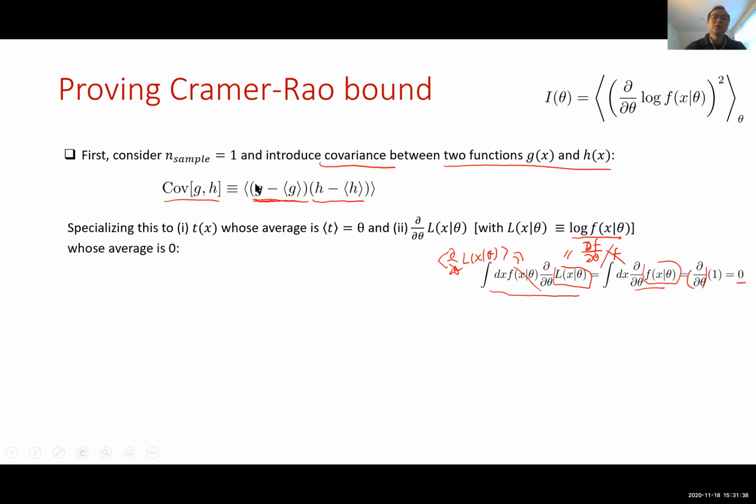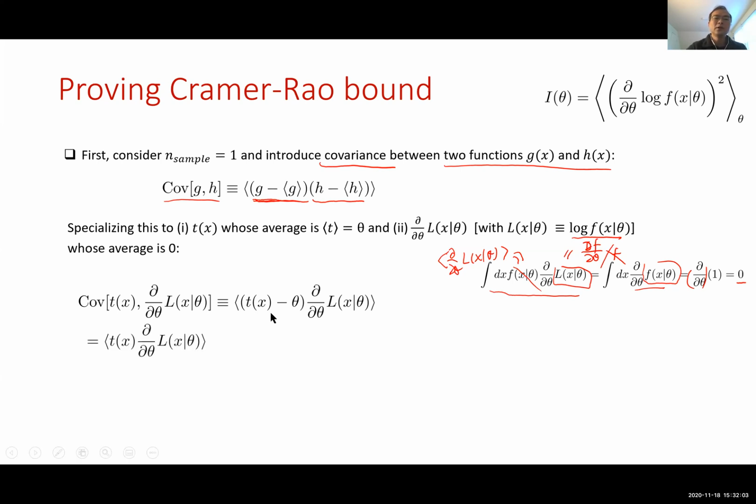Okay, so when we specialize to these two functions, t and capital L, we would have the covariance defined as this. Theta is the expectation of t, and this expectation value is 0, so I just drop that.